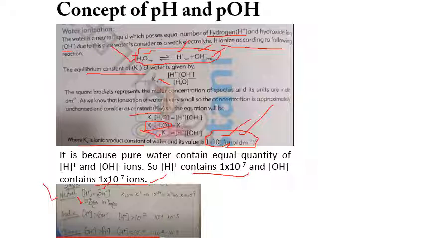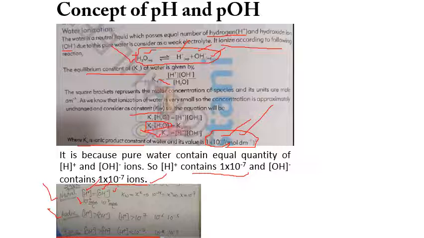We have already known that H plus means acidic concentration, meaning how acidic the solution is. So H plus ion is for acidic and OH ion is for basic. We have previously studied this in the video of acid, base and salt. In an acidic solution, the H plus ion concentration is greater than the OH ion.